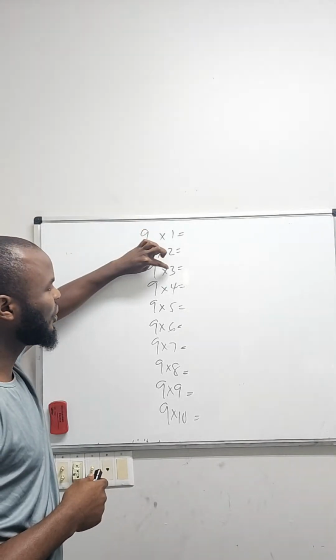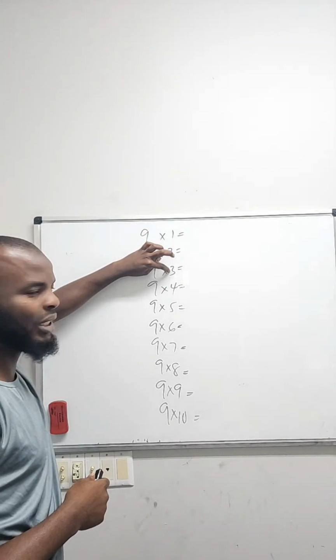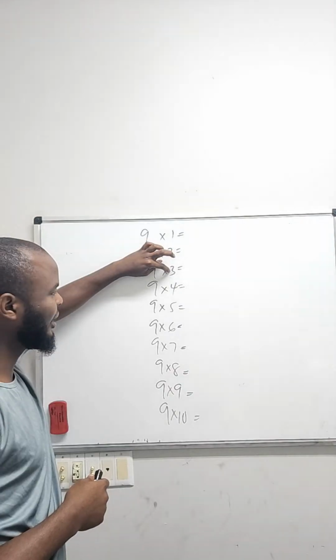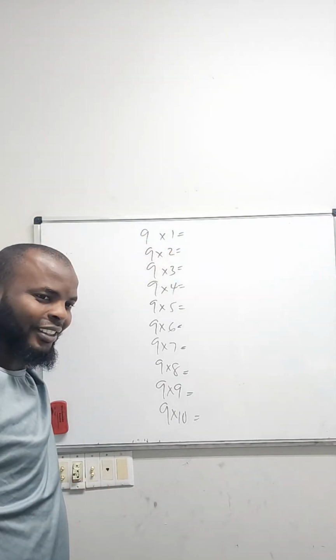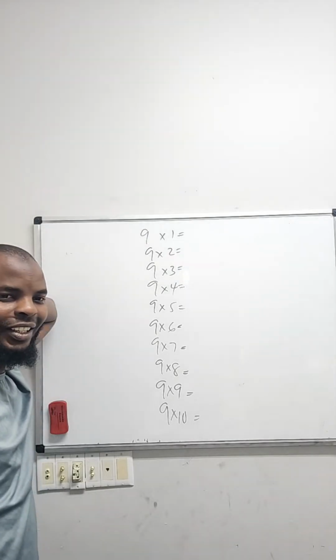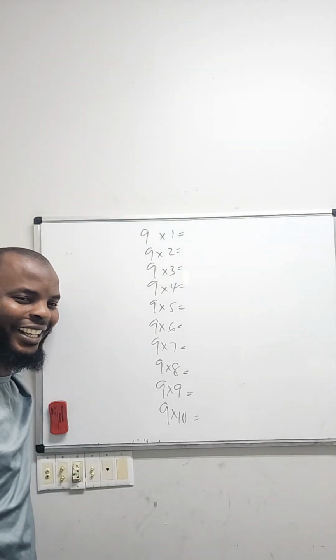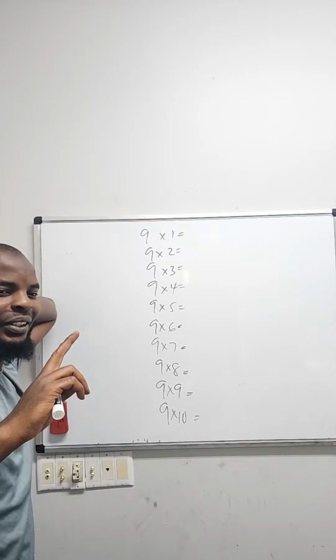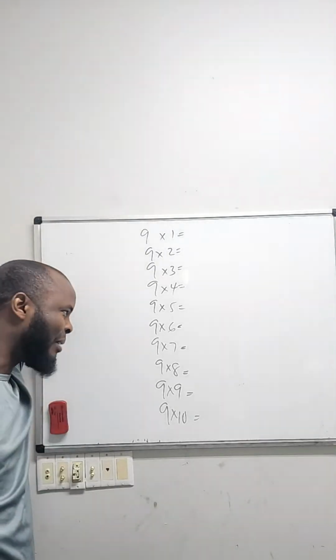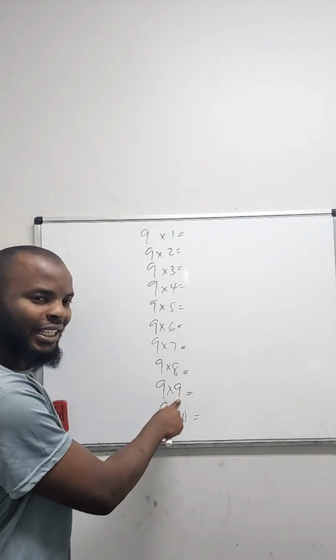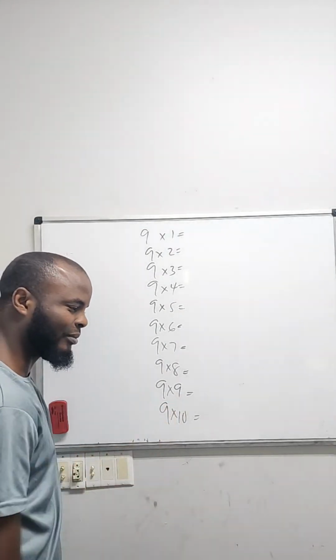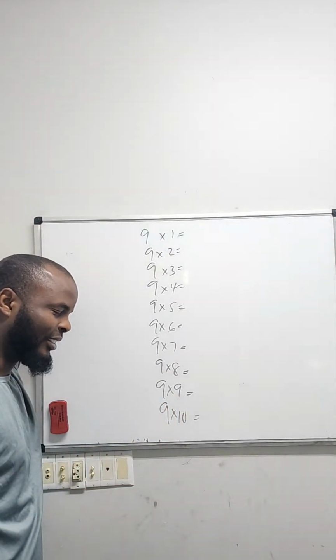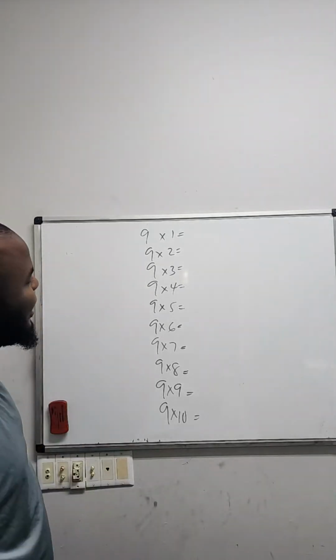For example, 30 minus 3 is 27. And 9 multiplied by 9 is 90 minus 9, 81. I'm learning a new trick now. Actually, I know two. But now I'm learning that 9 times 10 is 90 minus 9, 81. Yeah, I learned something new.